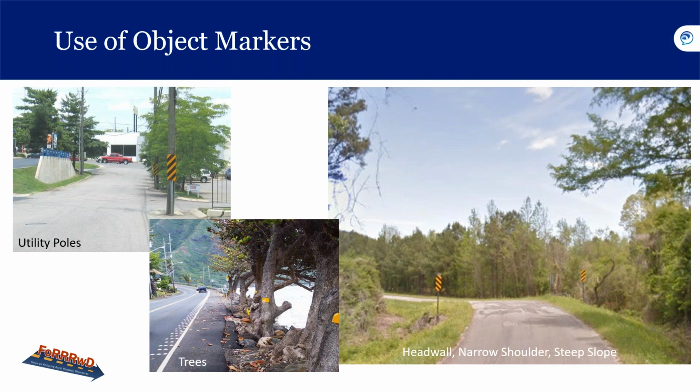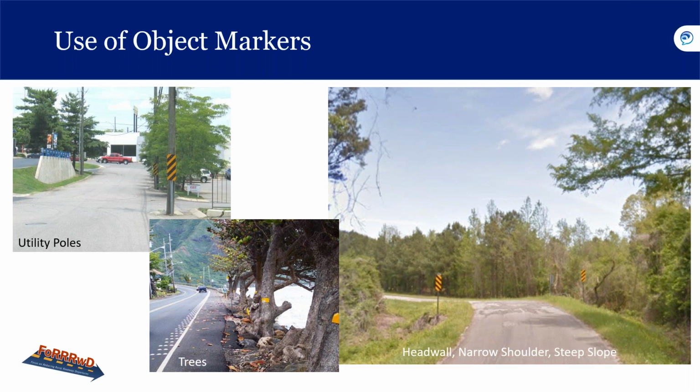In the photo on the right, the object marker is always placed at the edge of the hazard, since more than one exists here. So we have hazards on both sides of the road there. To identify the first harmful hazard, it can be marked with the object marker at the edge of the hazard.